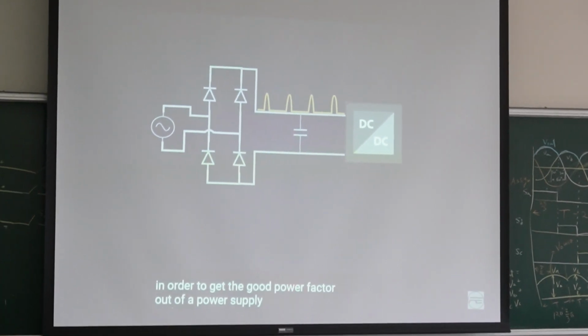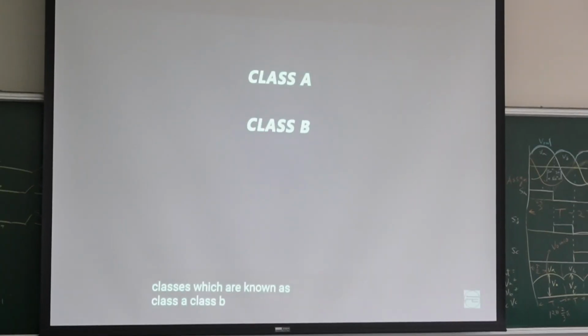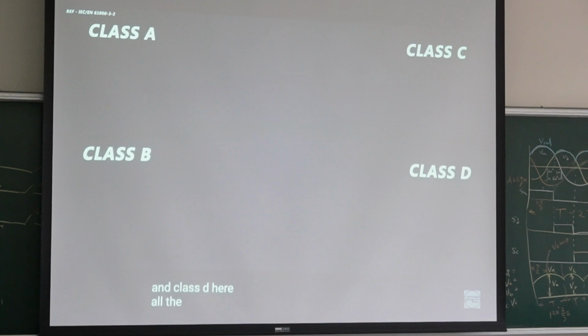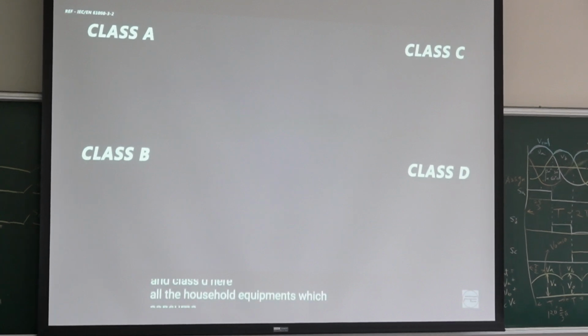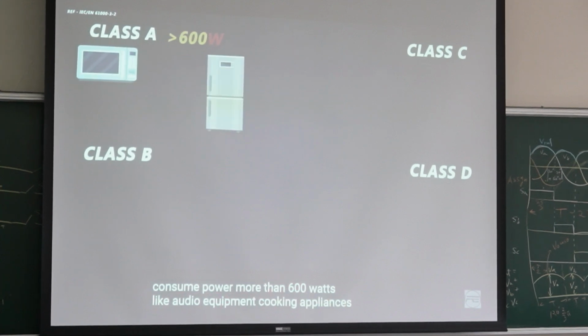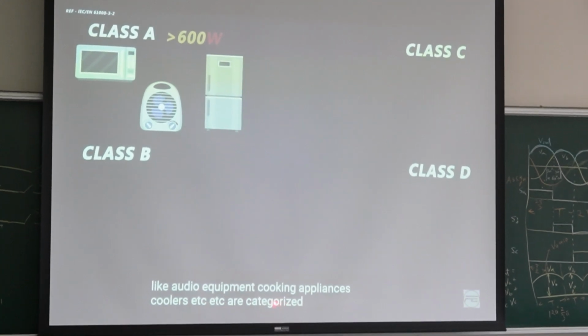To get good power factor, these loads are divided into different classes, which are known as Class A, Class B, C, D. Here, all the household equipments which consume power more than 600 watts, like audio equipment, cooking appliances, coolers, etc., are categorized.